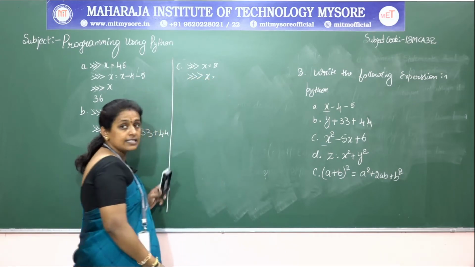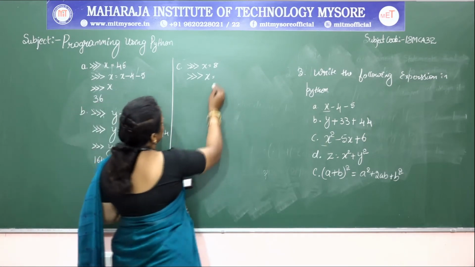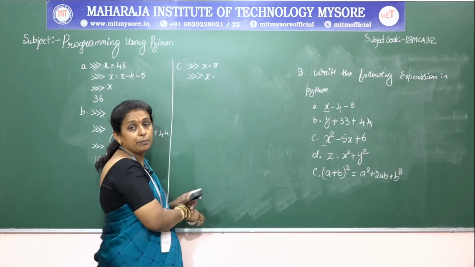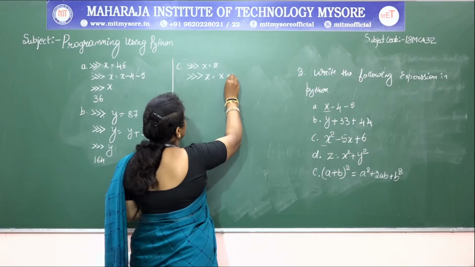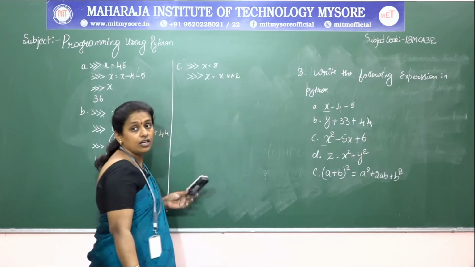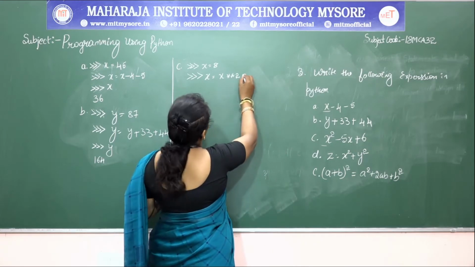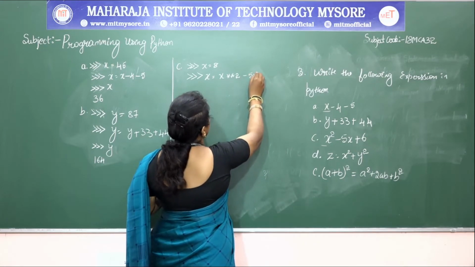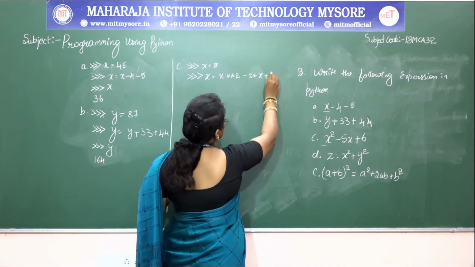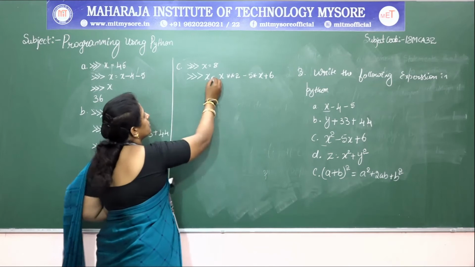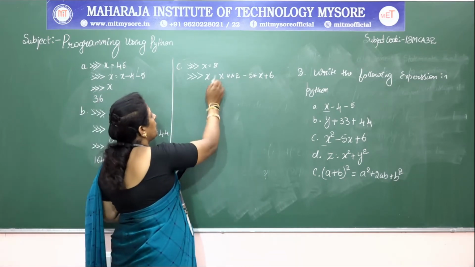Then I am assigning a calculated value to x itself, so that x equal to x square. To write a power, we have the form x star star 2. After that, minus 5 multiplied by x, then plus 6, so that the expression will be evaluated on the right hand side of your equal sign.